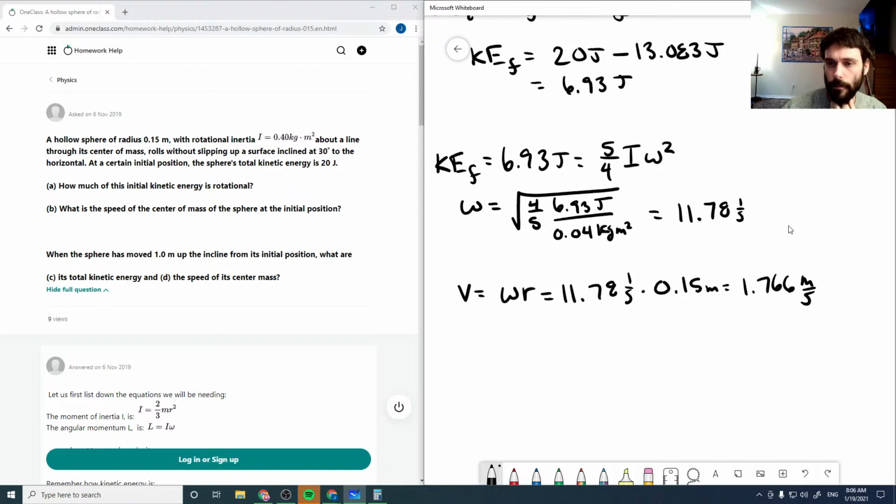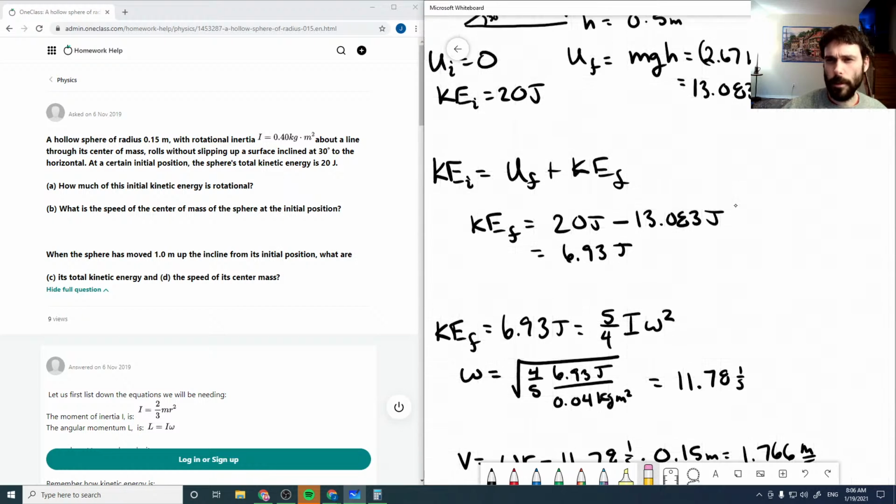We also could have gotten the velocity directly from our kinetic energy final. Should be 3/4 of mv squared, I think.